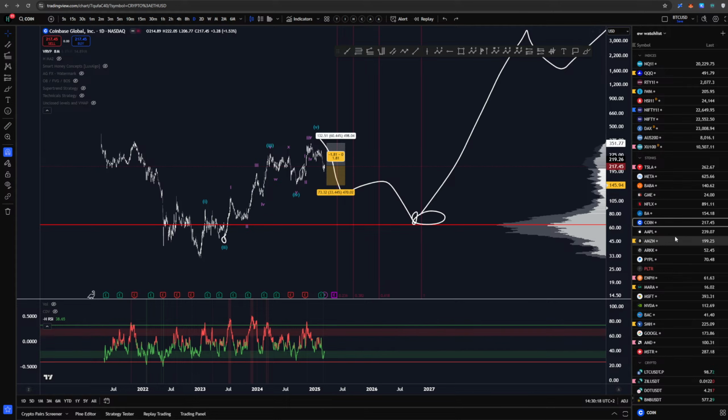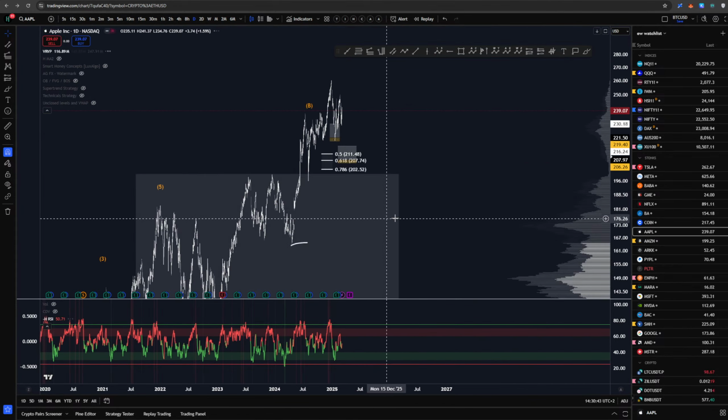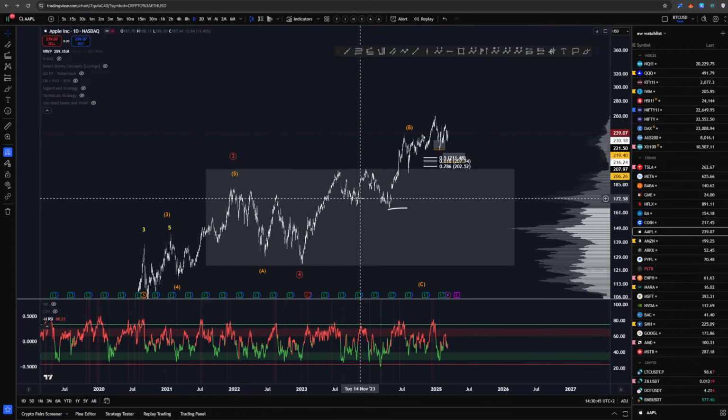I'm setting an alert here though, just in case the whole thing drops down and we get a crypto winter and we get another structure like this. Then I would be potentially looking into Coinbase just as a stock, although I would be invested in crypto as well. That's why I have not gone into Coinbase at all previously, but yeah, that's the only idea.